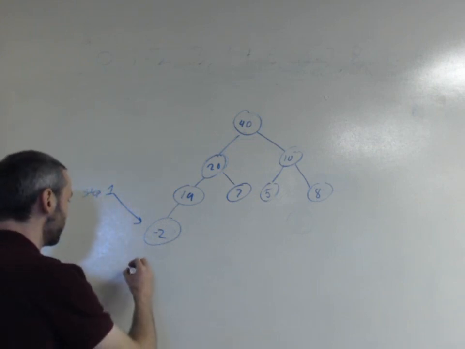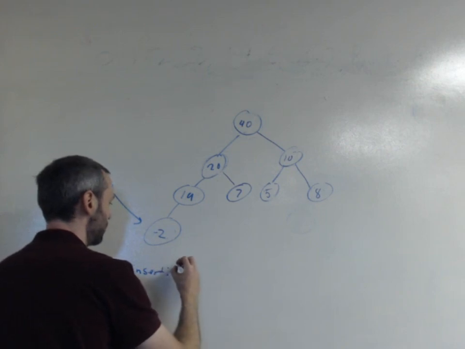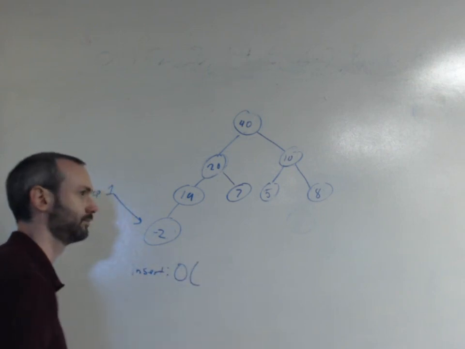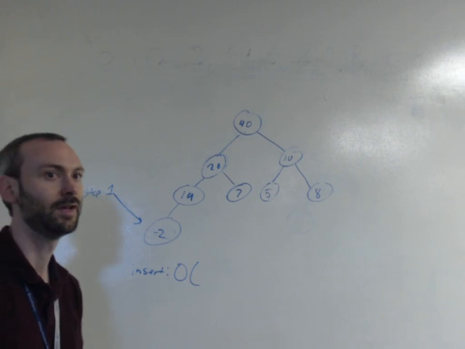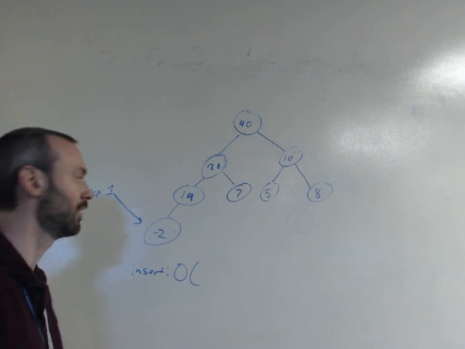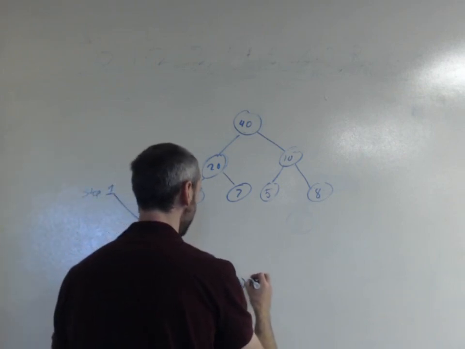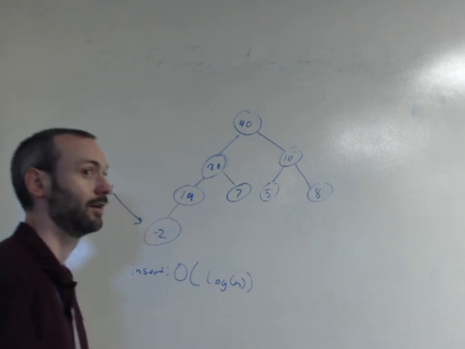What does that mean that insert is in the big O? O of log n. We're not doing it in n times. Is that best, average, or worst case?